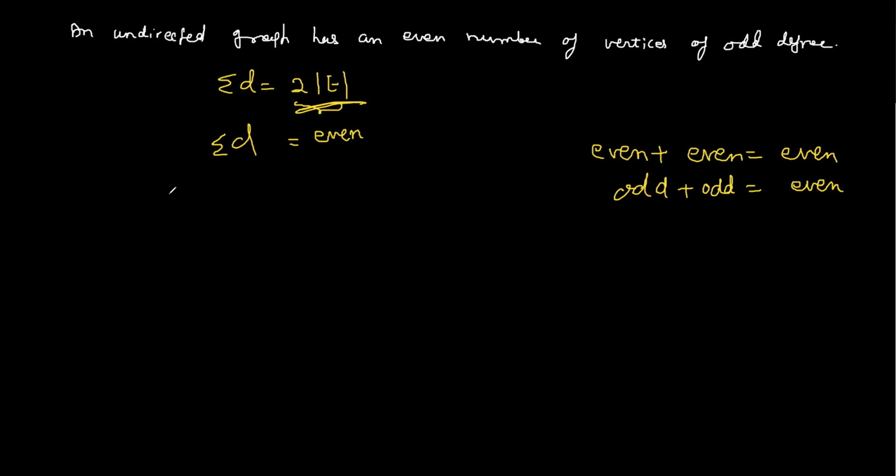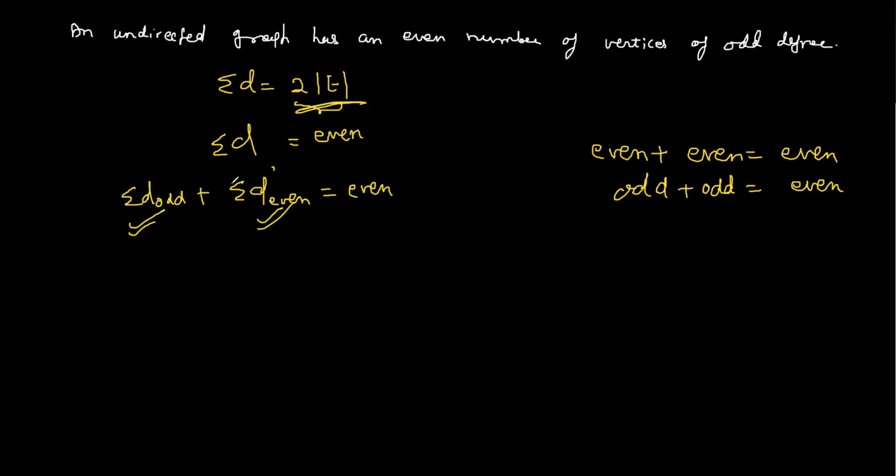Right? So let's suppose in a graph, there are some vertices which have odd degree, and some have even degree. So you know what this is? Either this must be even or this must be odd, right?